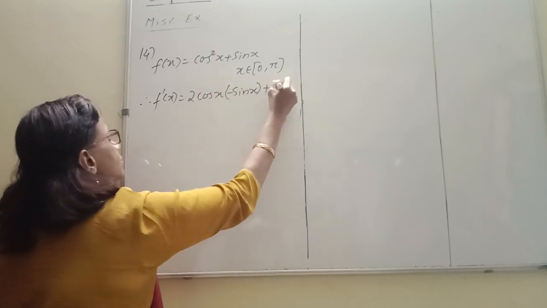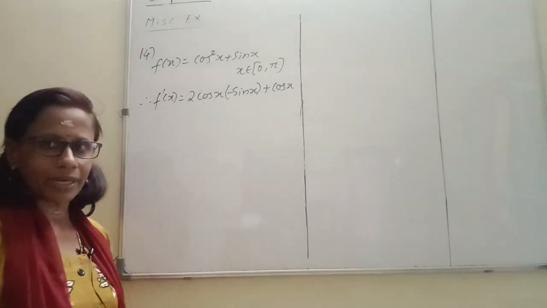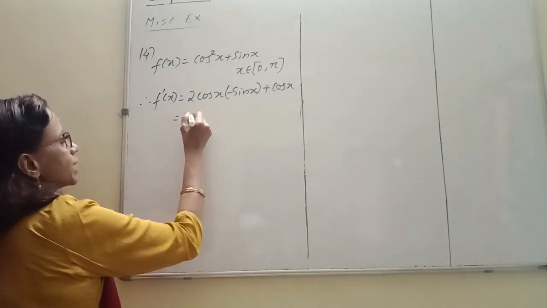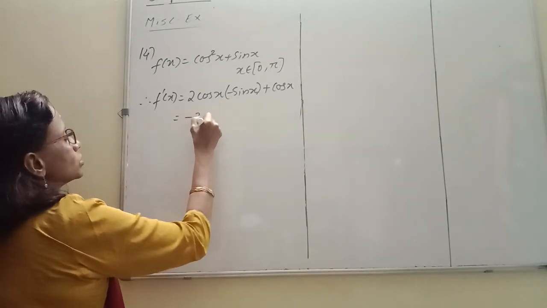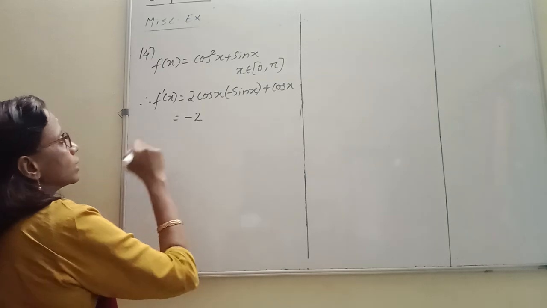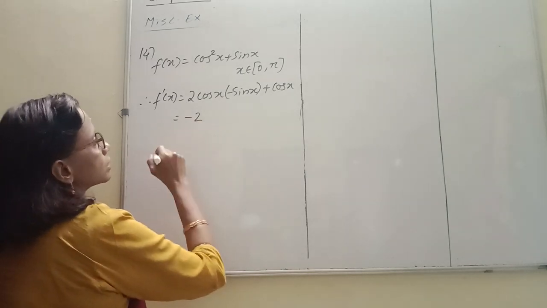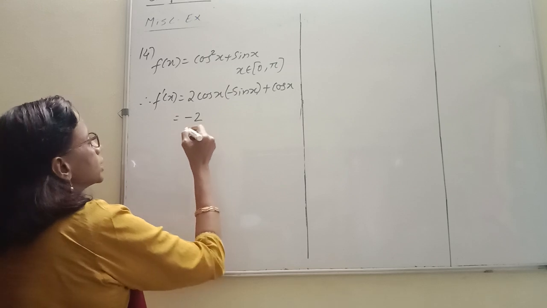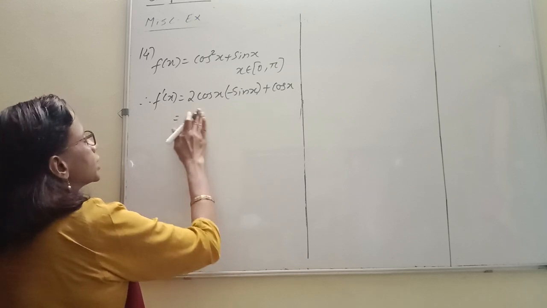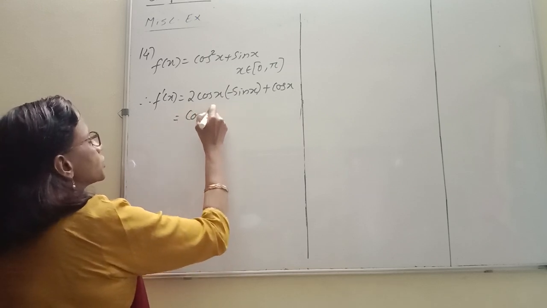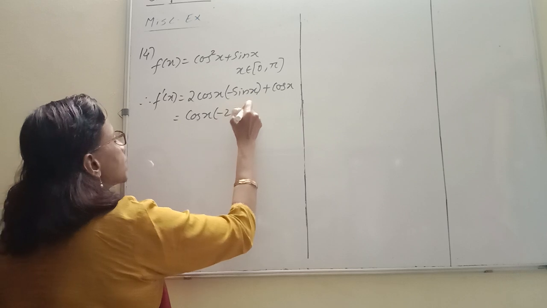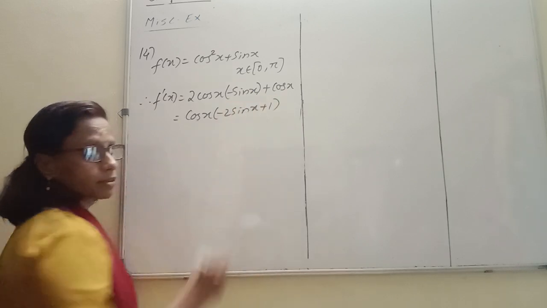The derivative of sin x is cos x. So it's minus 2 sin x cos x, or rather sin 2x. Actually, it's better if we take cos x outside: cos x times (minus 2 sin x plus 1).